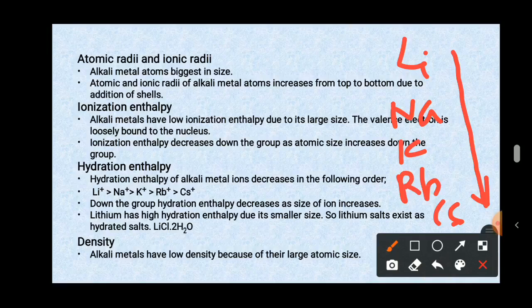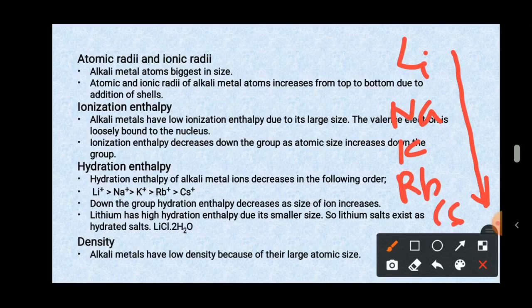I will repeat it again: ionization enthalpy is the amount of energy required to remove the electron from the outermost shell. This is the definition of ionization enthalpy.